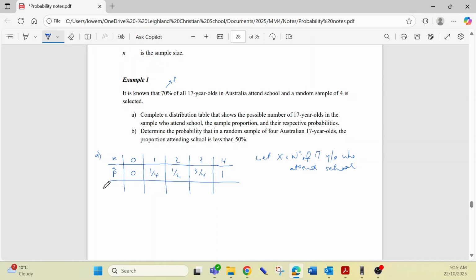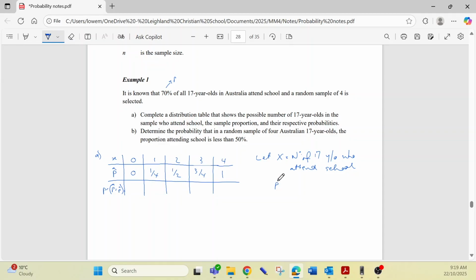Okay, so then what is the probability that p hat equals each of these values? Well, as we said before, we can assume that the likelihood is going to be the same.